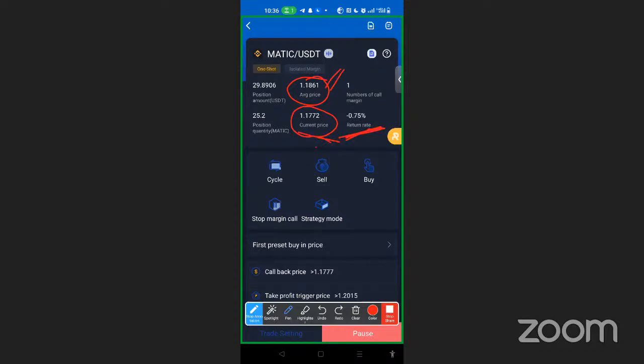So when the current price is lesser than the average price, that is what we call floating loss.